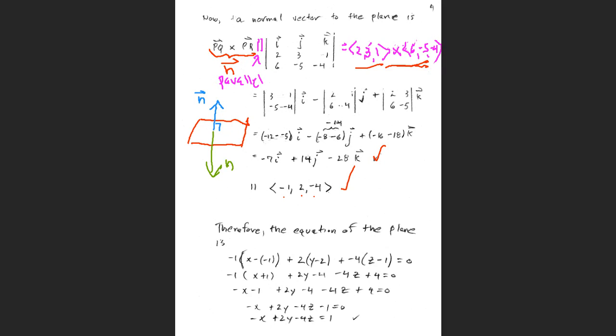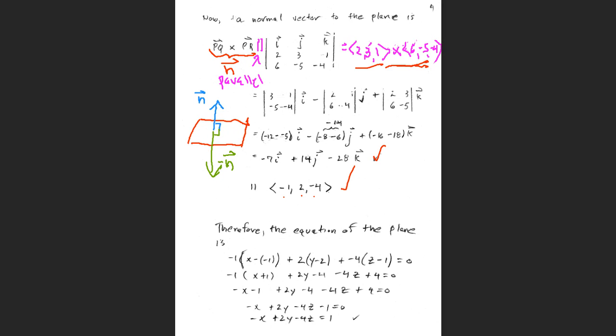But that vector is the negative of the normal vector. But the negative of the normal vector is still a normal vector. So it doesn't matter what order you do the cross product. You're going to get a normal vector. And there are two normal vectors to the plane. Excellent. Because there are two orders of the cross product.